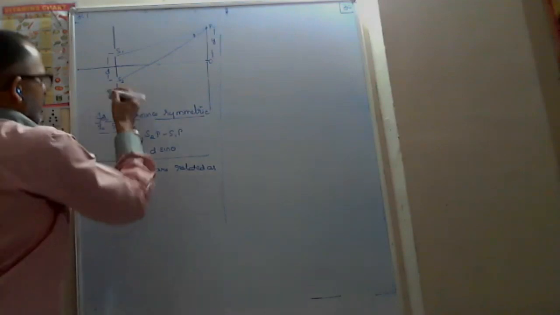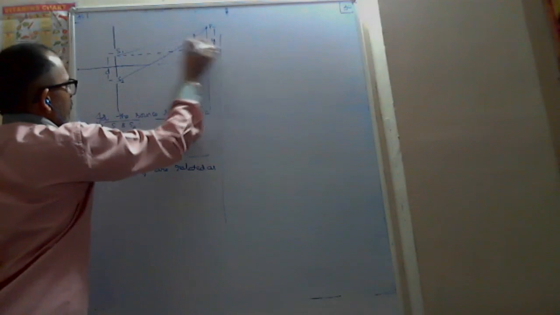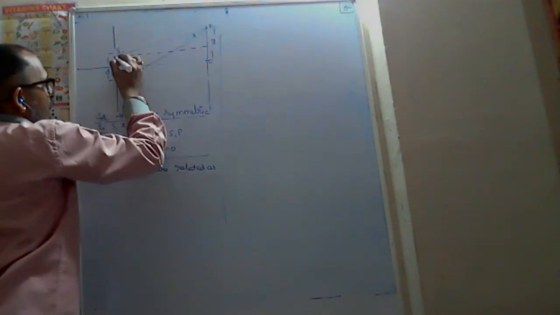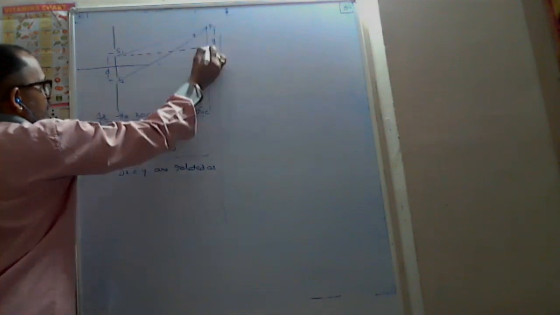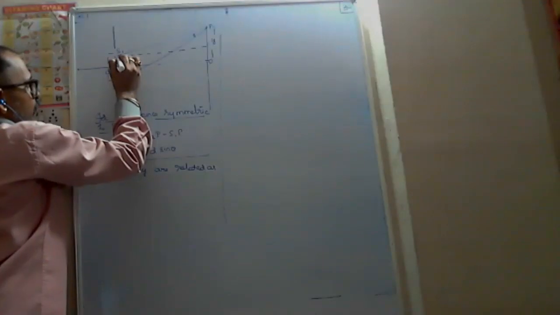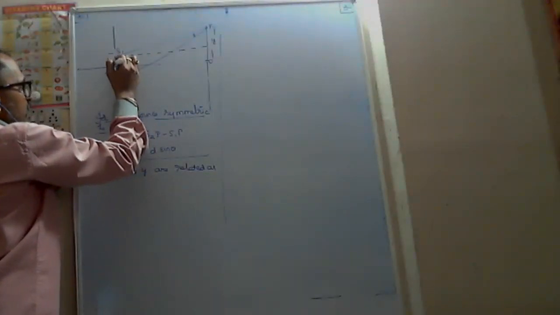For that, here it is very simple. S1P is the hypotenuse of this right angle triangle. Am I right? Yes, sir. How much is this distance?